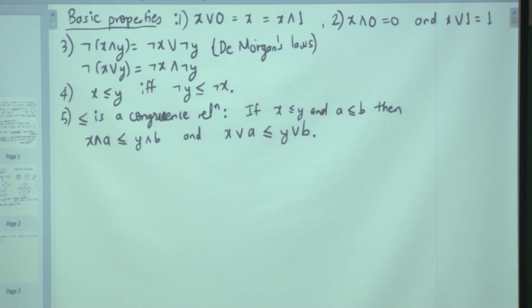If I have two inequalities, I can take their meets and I can take their joins. Okay. So all these properties I am leaving as homework. Please prove them. Yeah, these are really basic.